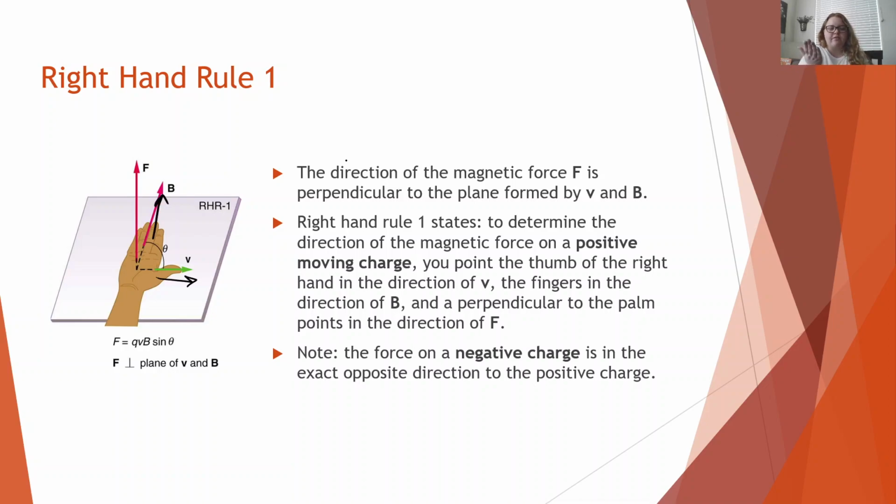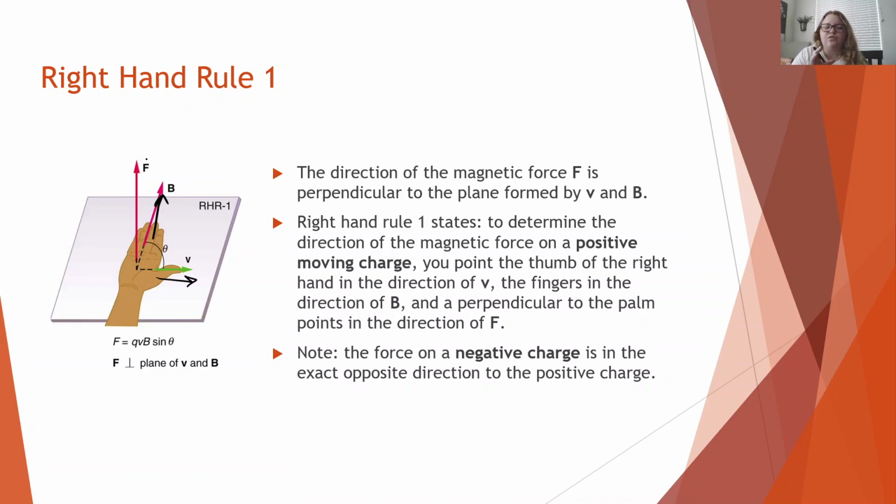So we'll have our fingers and our thumb like that. The direction perpendicular to the palm of our hand, which would be our plane, will be the direction of our force. So our magnetic force will point in this direction above our hand.